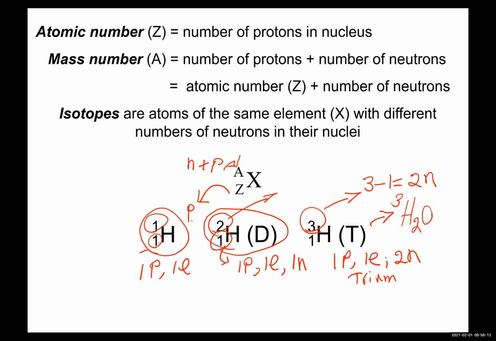I had a quick question. If something is an isotope, does that mean it's radioactive, or is it just that some isotopes can be radioactive? Isotope is used for different atoms of the same element. All elements have at least 2 isotopes. So isotopes are not necessarily radioactive. Some isotopes are radioactive, some are not. Isotope simply means different atoms of the same element which have a different number of neutrons, and that is the case here.